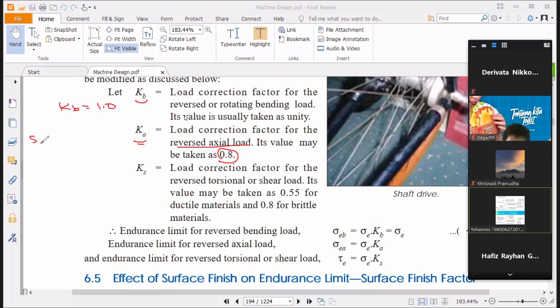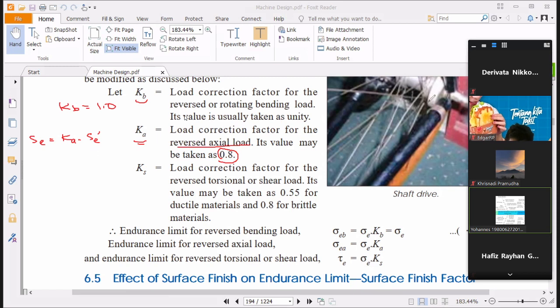So for the endurance limit that we will use in calculation, we have to put this Ka times the endurance limit obtained from the laboratory test.